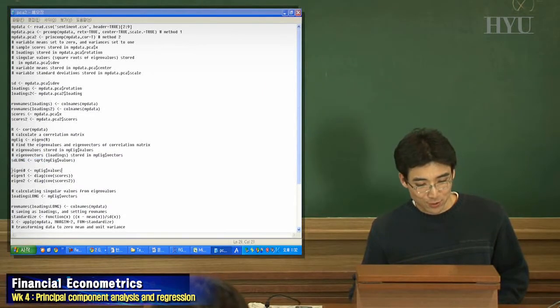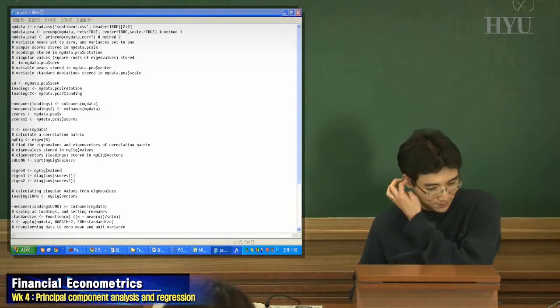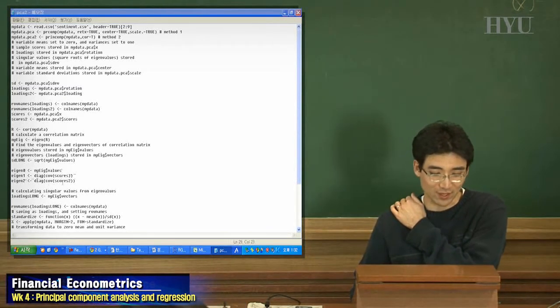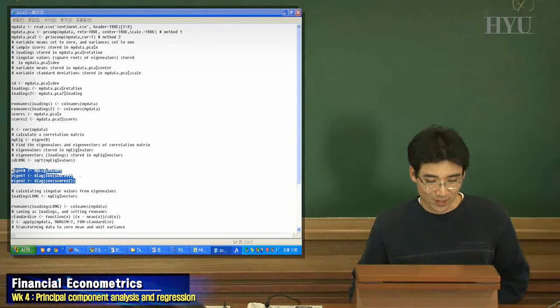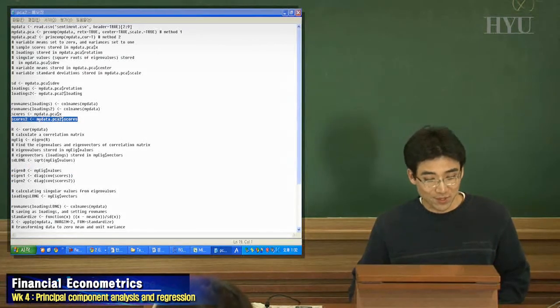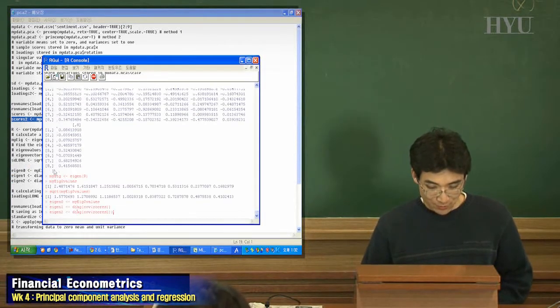So therefore, I can now compare those three. Eigen 0 looks like this, eigen 1 is the diagonal term of my score matrix, and eigen 2 is the diagonal of my second score matrix, which is computed with princomp.